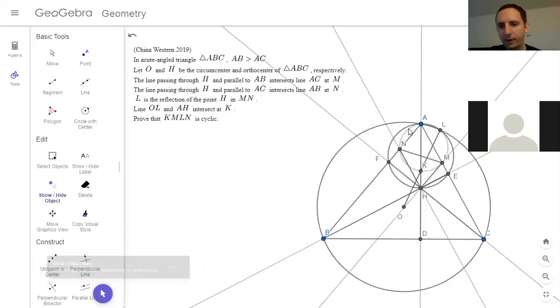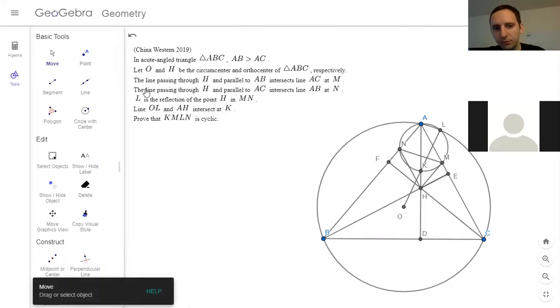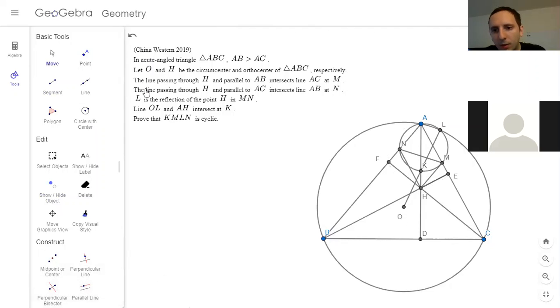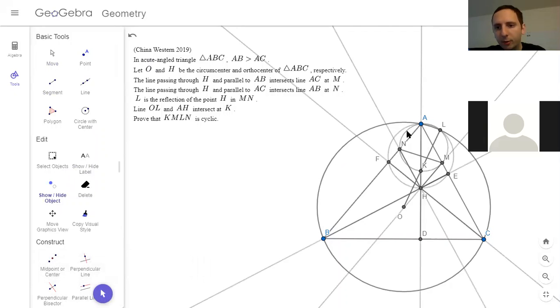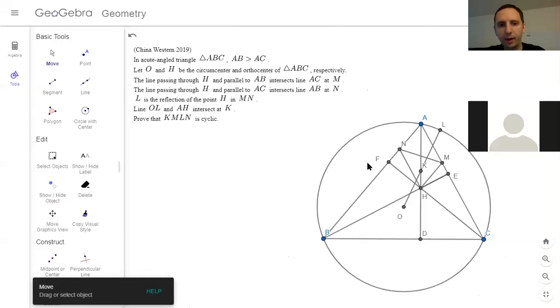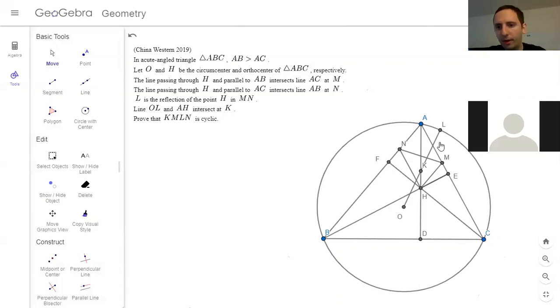Let me see. If I hide this circle, we know ALMN is an isosceles trapezoid. So you want to show LMA is LKA. If we know that, we're done. That's the same as showing LMC is equal to LKH.